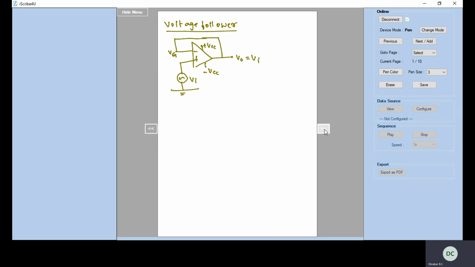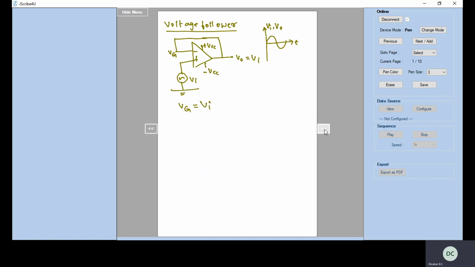The gain is unity because the voltage follower output voltage follows the input voltage. So both the input and the output are in the same phase. This is Vi, V0. Both the input and output voltage are in the same phase. Due to the concept of virtual ground, Vg is nothing but Vi.